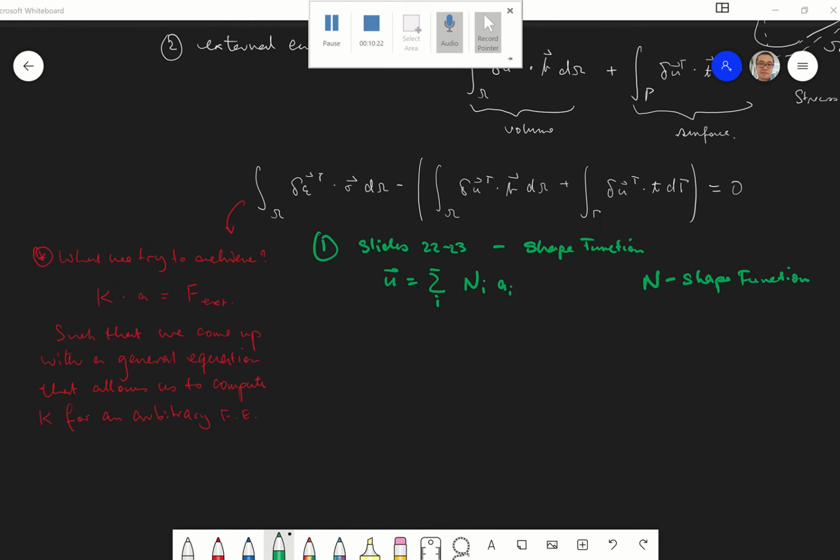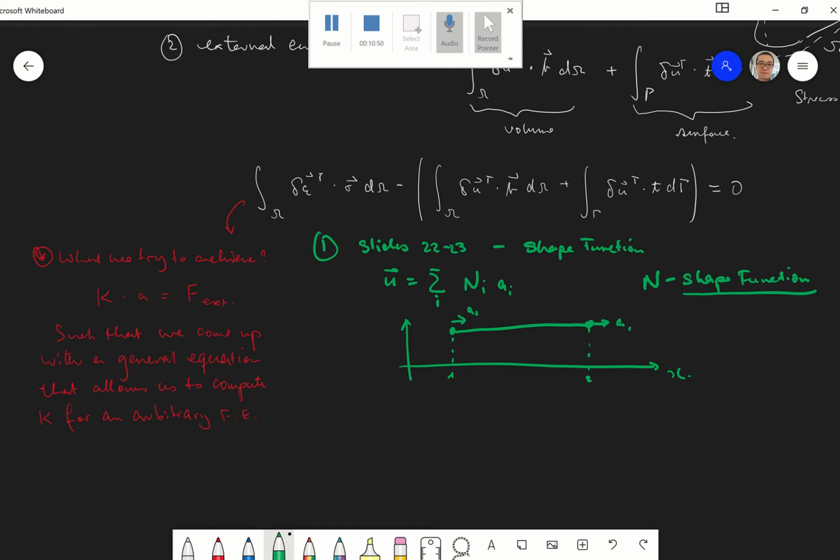Right, here it is. So what does this shape function do? Imagine you have something along the x-axis. So you have a bar element or a truss element with two nodes, 1 and 2, and you have a displacement at each node, A1 and A2.